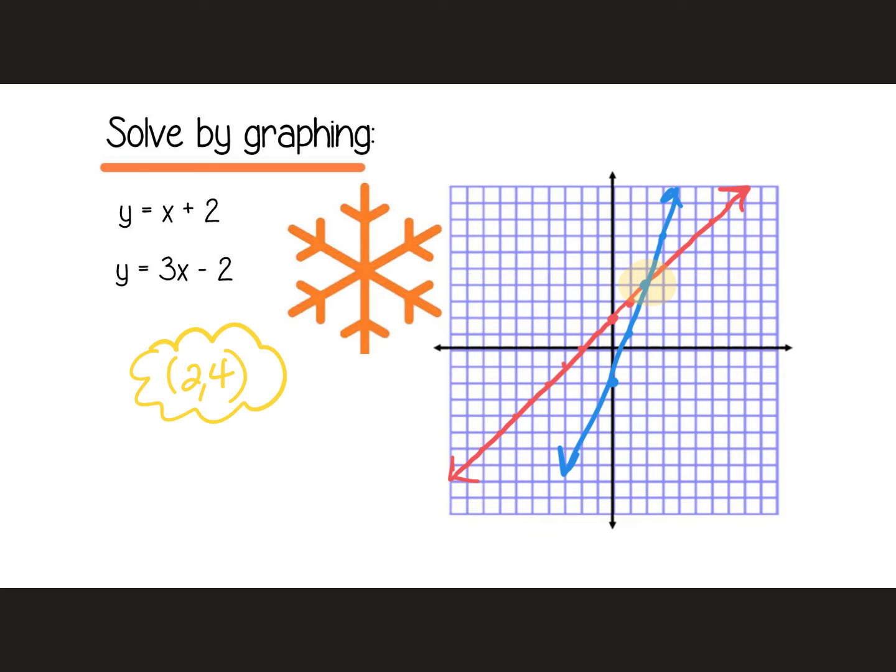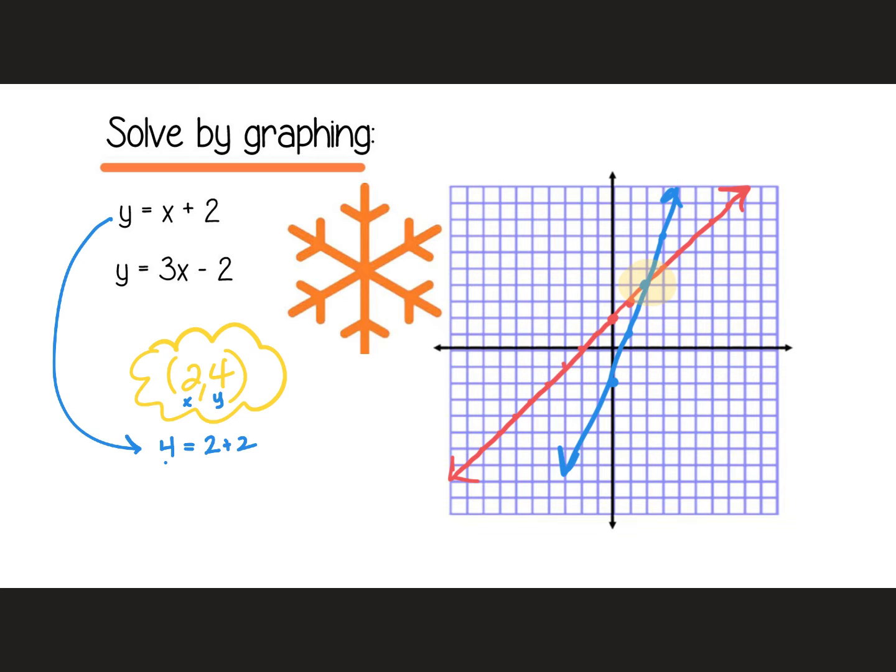What does it mean to be a solution to a system of equations? If you have a solution to one equation, it just means that it would make that one equation true. So here, if you have a system, then you're looking for a point that makes both of the equations true. So let me plug some things in here. We know that in the ordered pair, 2 is the x and 4 is the y. So in the top, if I substitute what I just got, I would have 4 equals 2 plus 2.